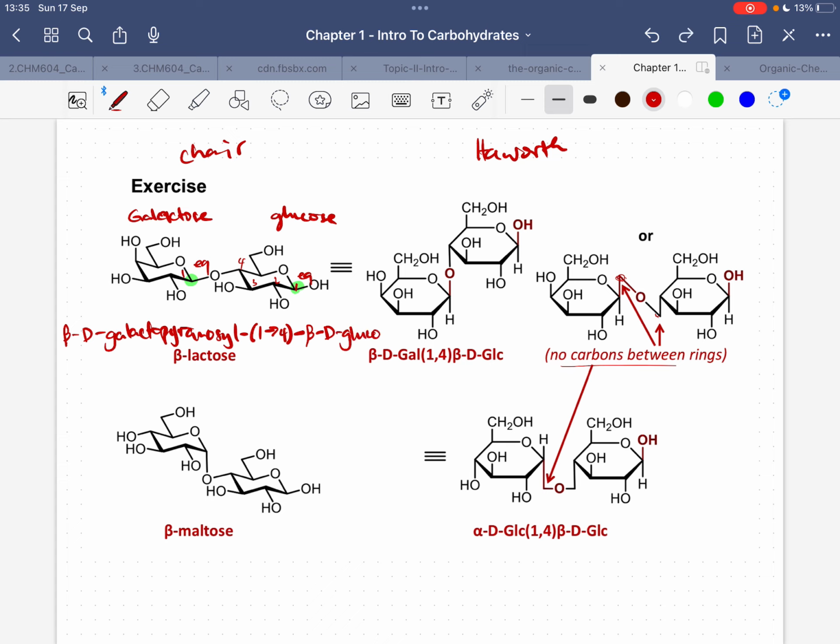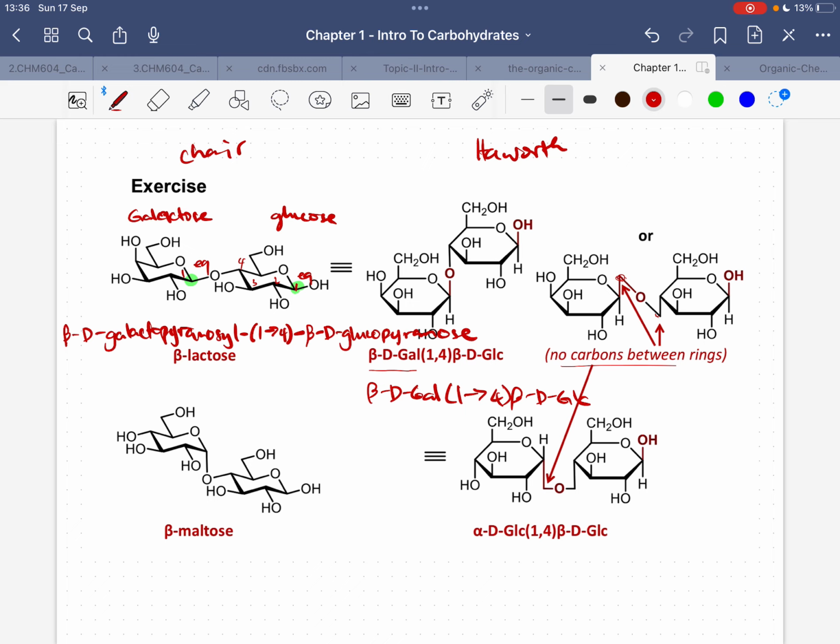Sorry, not glucose, pyranose or pyranoside. And for this, the short abbreviation is beta-D-Gal 1 to 4 beta-D-GLC. You can also write beta-D-Gal 1 arrow 4 beta-D-GLC.